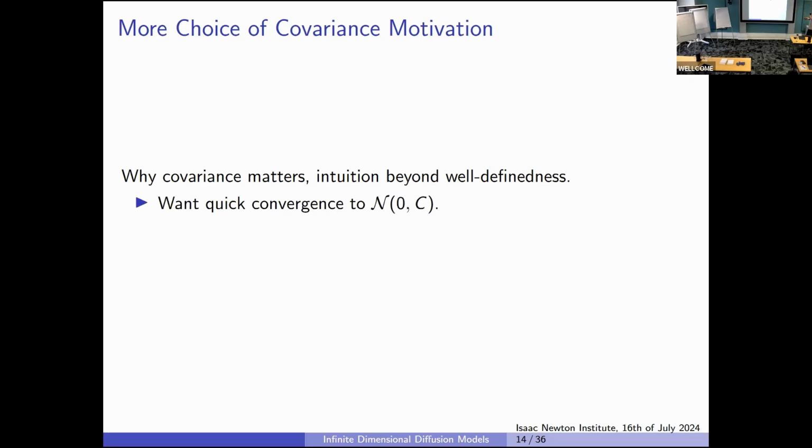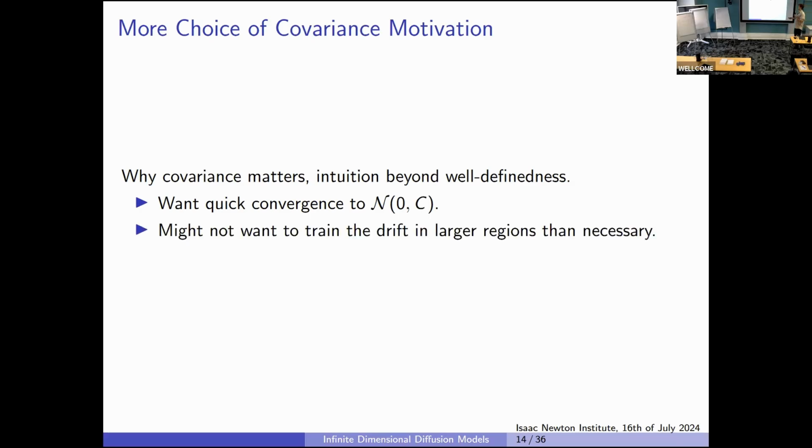Covariance noise. And one intuitive thing is, for example, if your distribution already looks close to some Gaussian, or you have some kind of covariance structure in your distribution, you might want to have a better chance of very quickly converging with the forward SDE to a normal distribution which has a similar structure than going in a completely different area of the space.